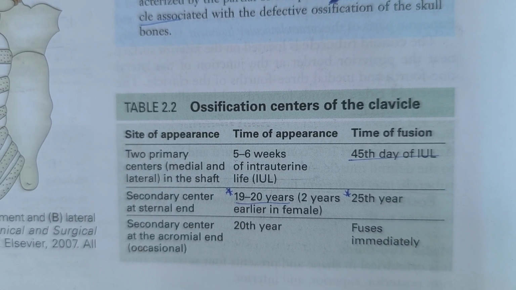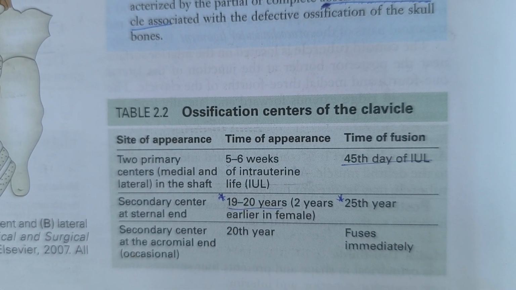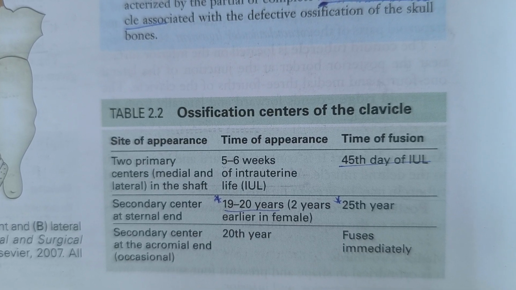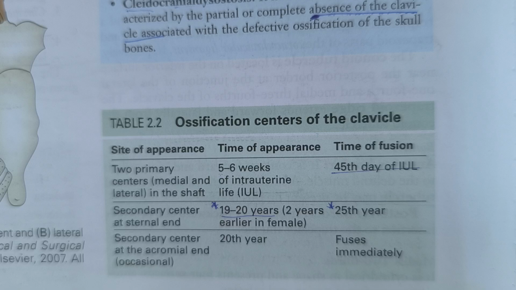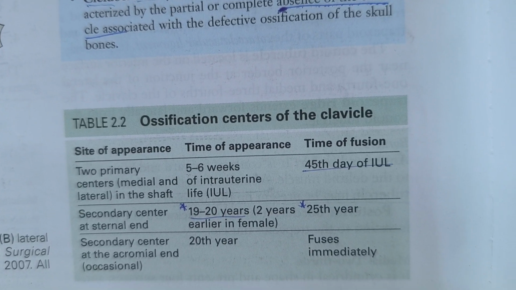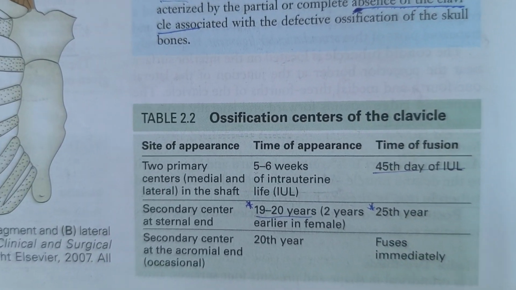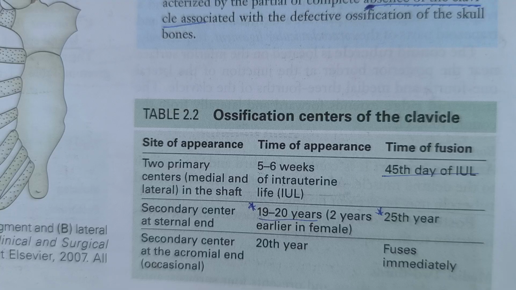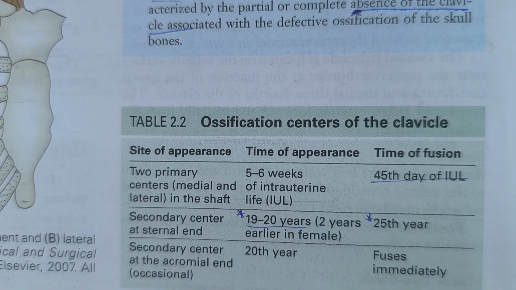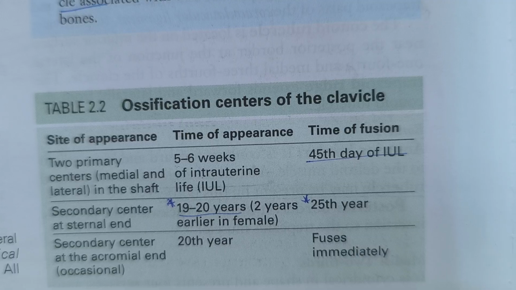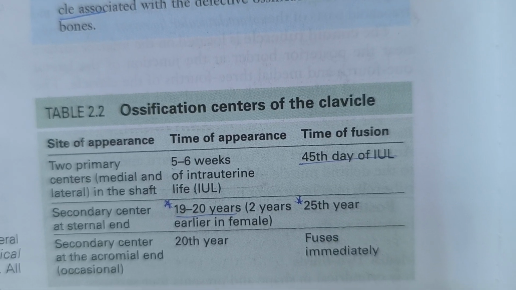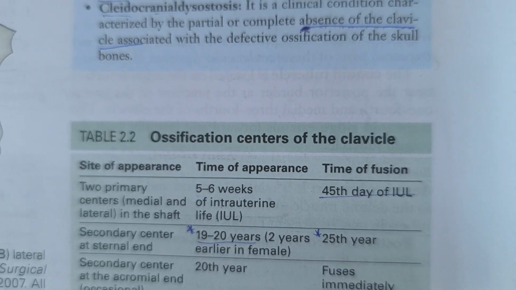Secondary center at sternal end appears at 19 to 20 years, 2 years earlier in females, and fuses at 25th year. Secondary center at the acromial end, which is occasional, appears at the 20th year and fuses immediately.